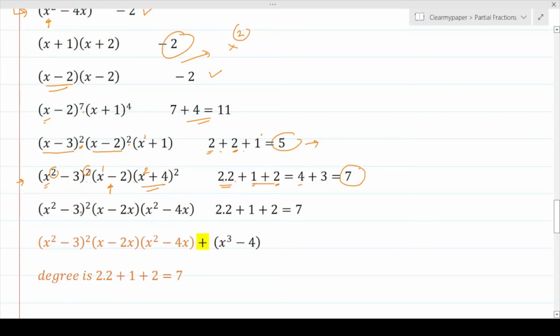Here is something interesting that we need to see. For example over here, when you expand this, x to the power of 2 will again be raised to the power of 2. That will become 2 into 2, 4. We get it here. Over here, it's multiplied by a new kind of expression, which is x minus 2x. In the previous one, there was no x here. It was just x minus 2. Over here, it's x minus 2x.